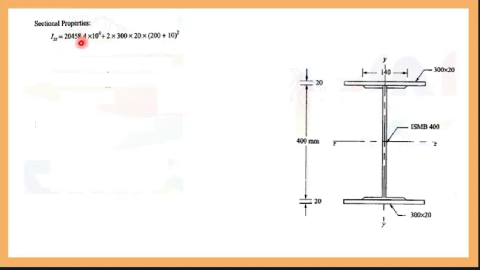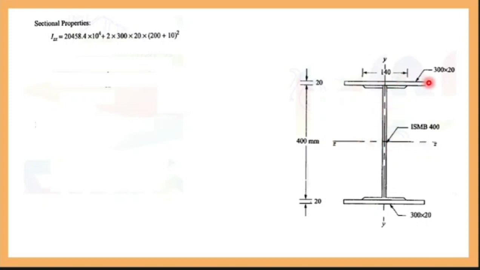IXX is the moment of inertia of this section, 20458, plus your additional area, 300 into 20, into distance squared. What is the distance from the z-axis to the centroid of this plate? Total depth is 400, so the centroid will act at 200.